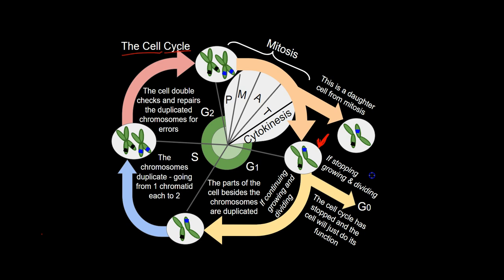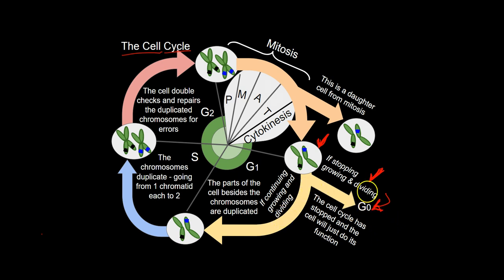And if the cell stops dividing and stops growing, if it's not in an area that grows and divides very often, it can just go into the G0 phase. It can start to go through just an interphase part of its life where it just does its thing. So if it's a nerve cell, it's going to fire off at appropriate times. If it's a muscle cell, it'll contract at appropriate times, and so on.